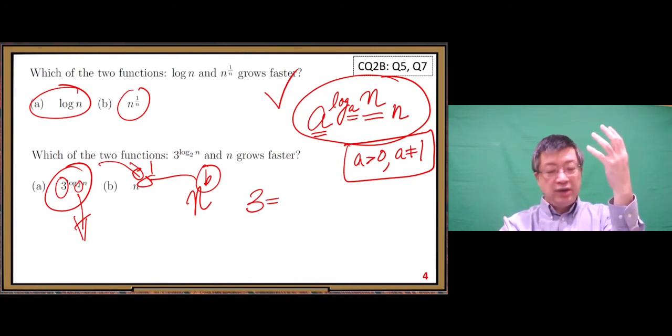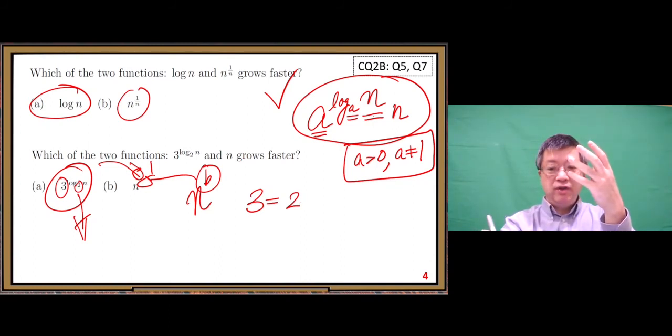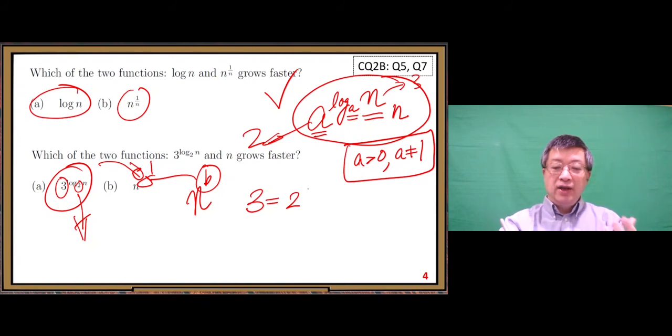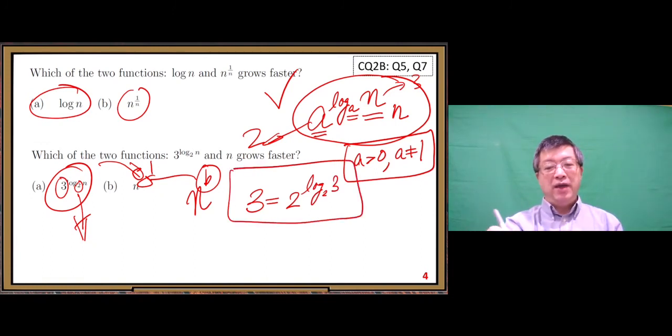We convert 3 to base 2 using the formula, taking a equal to 2 and n equal to 3, so 3 equals 2 to the log base 2 of 3. Apply that formula directly.